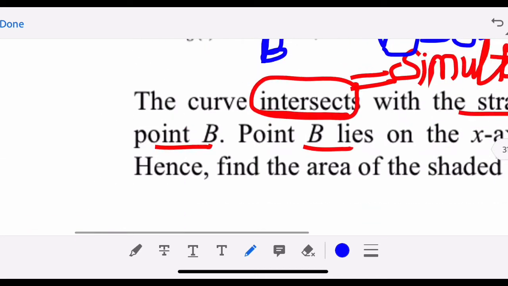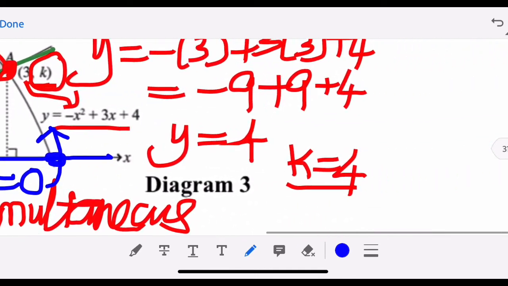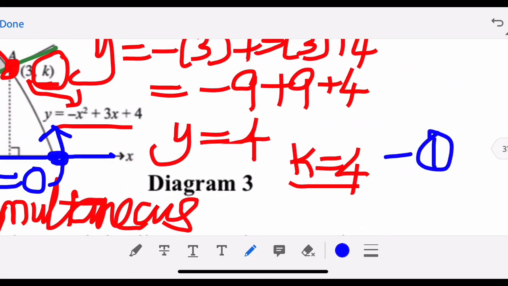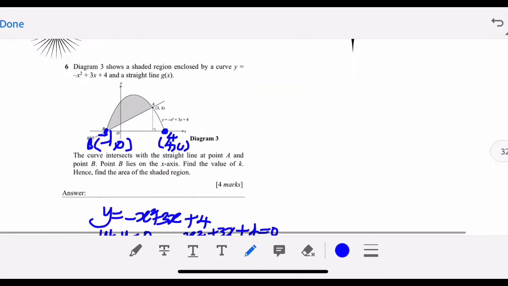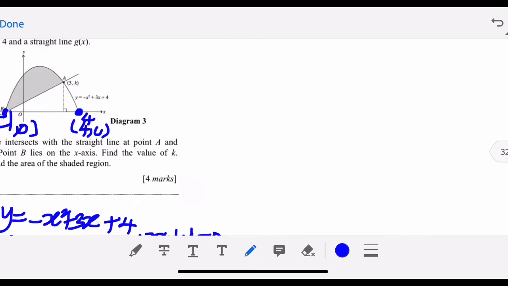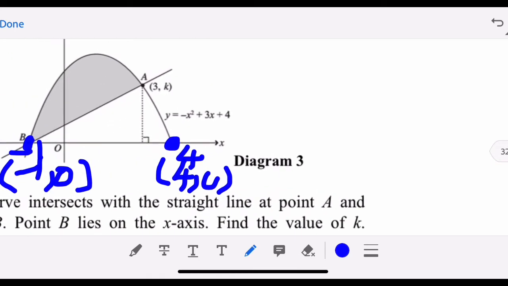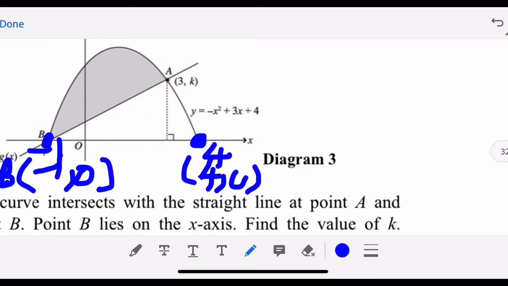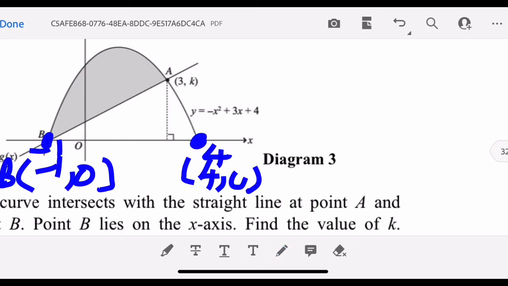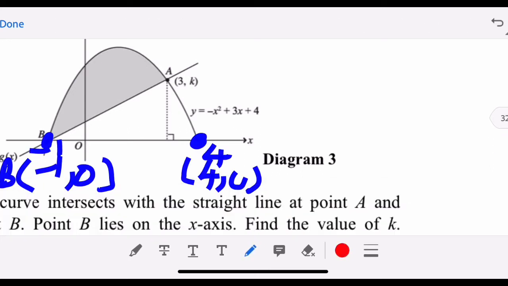And then for the area, you will get 2 marks. Let's see how to solve the area. We want to find the area for this region. Basically we will find the area by using area under the curve, which is the whole area that I highlight in red color.